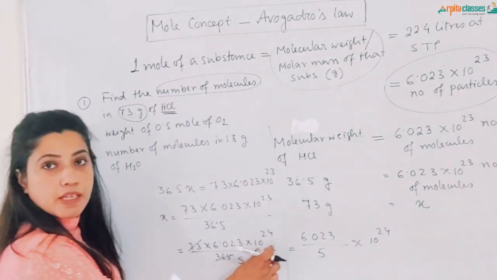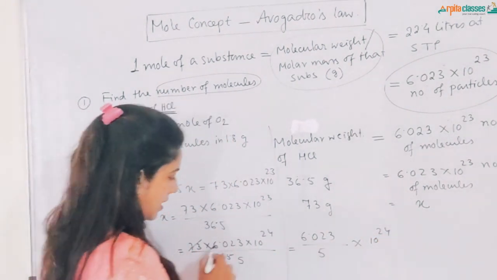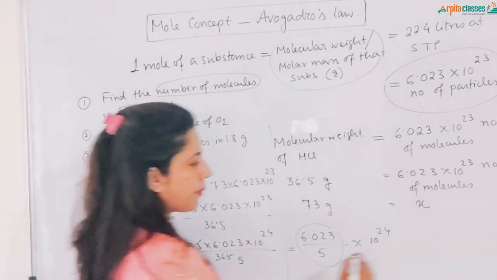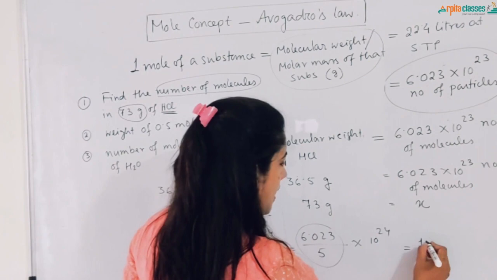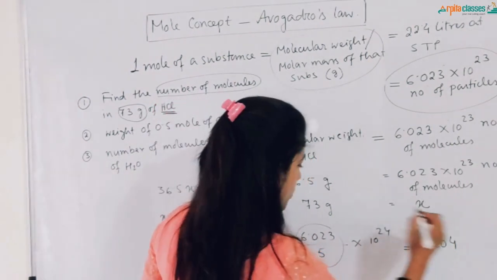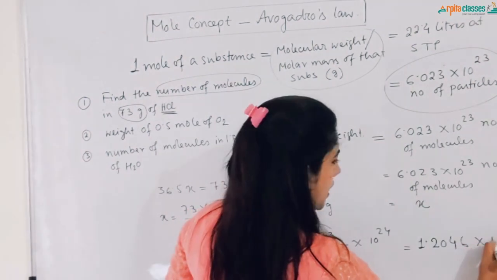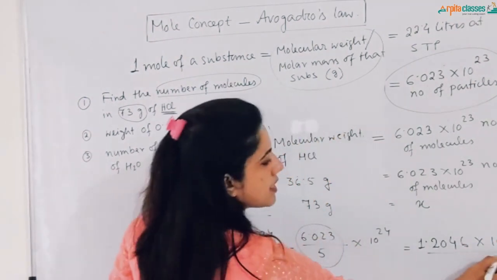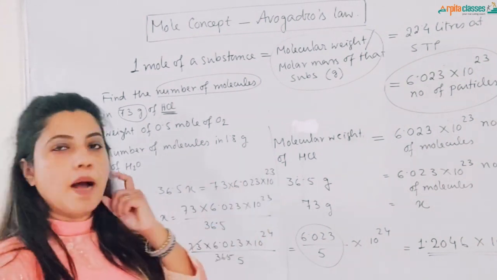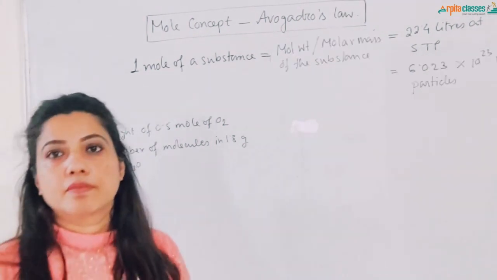I have separated this part, I have just taken 6.023 upon 5. Now I'll just divide this part. So what is it coming? 1.2046 into 10 raised to power 24. So this is the answer. These many molecules are present in 73 gram of HCl.